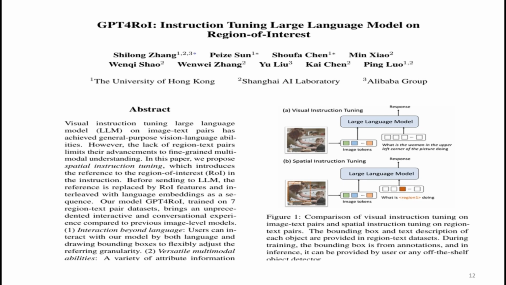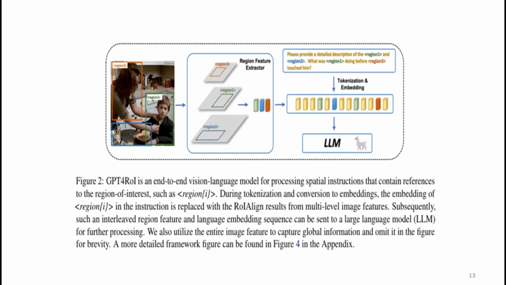This limitation restricts their ability to handle fine-grained details within images, such as understanding a specific area or object in the scene. In this paper, the authors propose GPT4RoI, a region-level vision language model that overcomes these limitations by instruction tuning the LLM on region of interest.